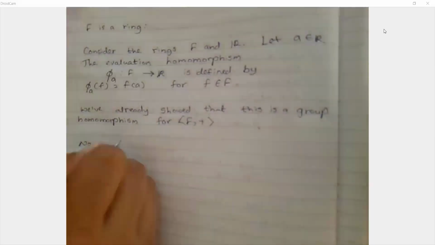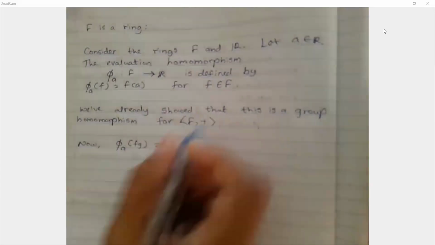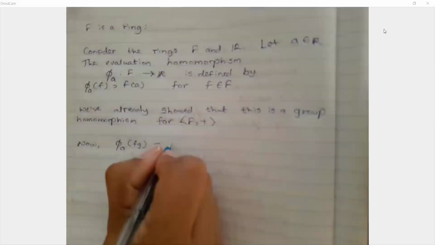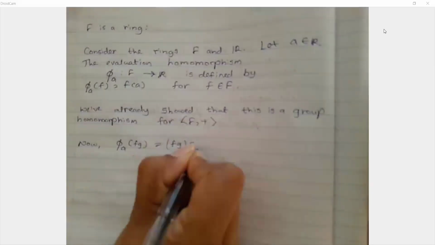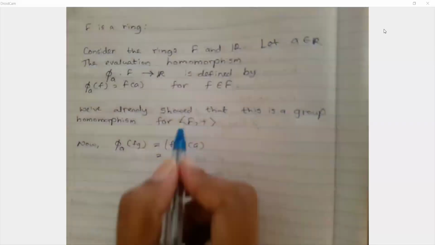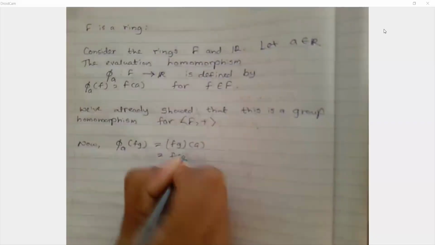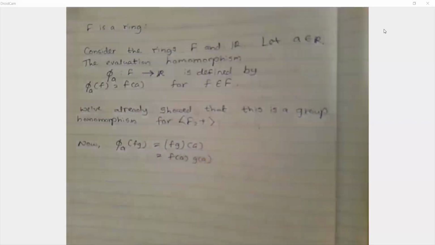now phi sub A of fg. Let's take f and g, any two elements from this ring capital F. So phi sub A of f times g, by definition of this mapping, is given by fg of A. And the way we defined multiplication over F allows us to write this as f of A times g of A, right?